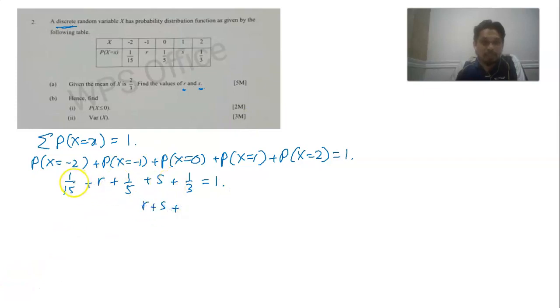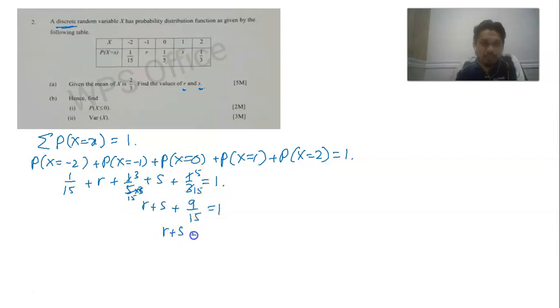Okay, so then r plus s plus 1 over 15, make this over 15. 5 times 3 equal to 15 and 1 times 3 equal to 3. And then 3 times 5 equal to 15, 1 times 5 equal to 5. So all the denominators are 15 now. 1 plus 3 equal to 4, 4 plus 5 equal to 9 over 15 equal to 1.